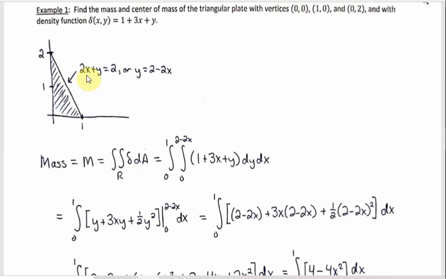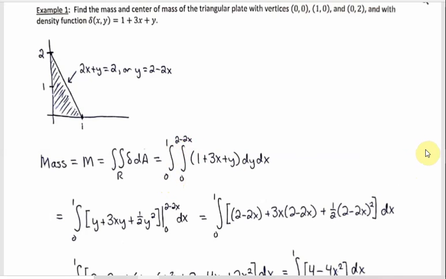This line is 2x plus y equals 2, if 1 is our x-intercept and 2 is our y-intercept. If you rearrange that so it's solved for y, that's 2 minus 2x. So that's the thing on top, and then y equals 0, the x-axis, is on the bottom, and the x values go from 0 to 1. So there are my limits of integration: y goes from 0 to 2 minus 2x, and then x goes from 0 to 1.